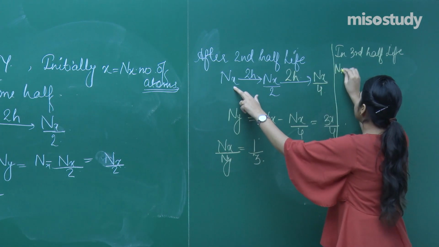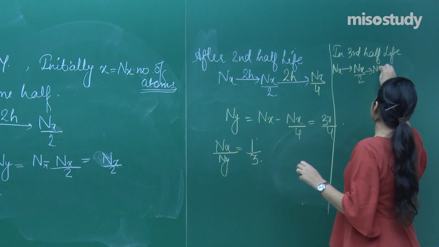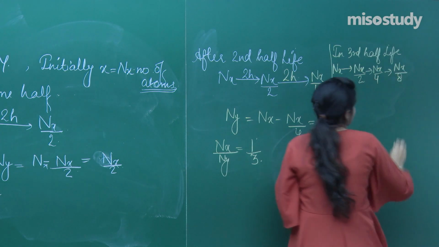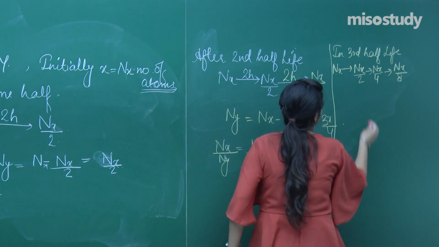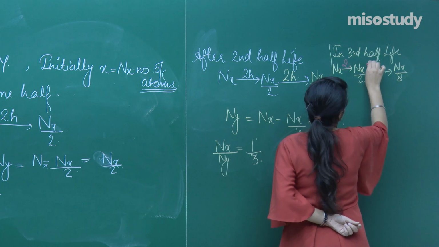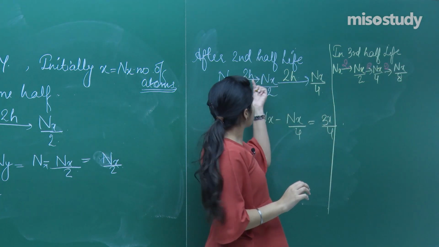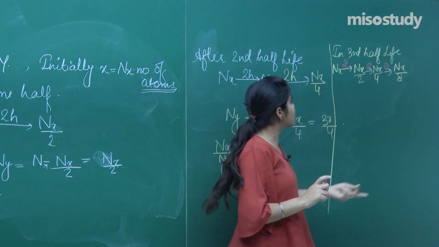Earlier it was nx, then it became nx by 2, then nx by 4, and then it will become nx by 8. Half of this again. So total your time will be 2 hours, 2 hours, 2 hours, that means total 6 hours.